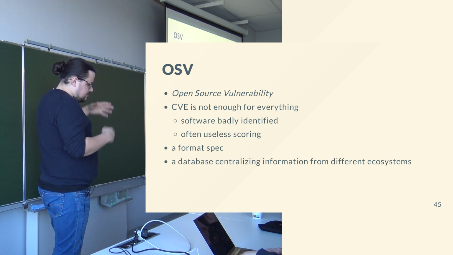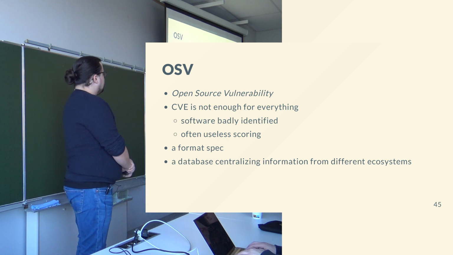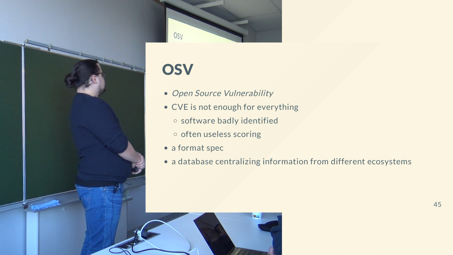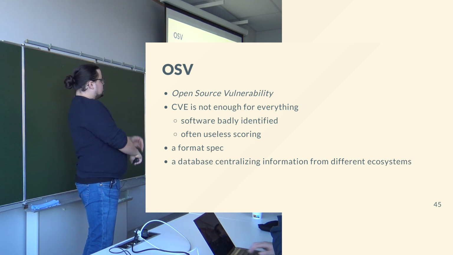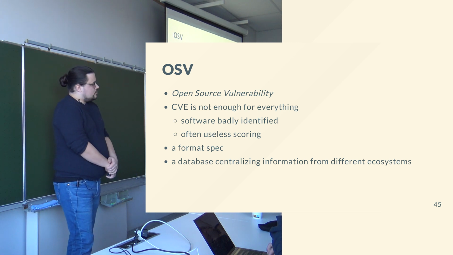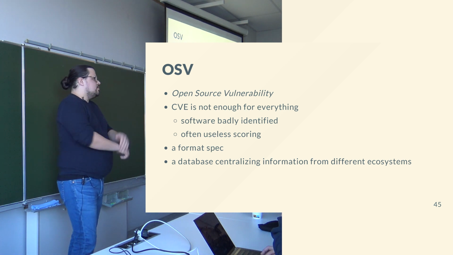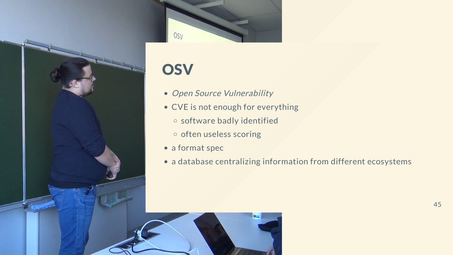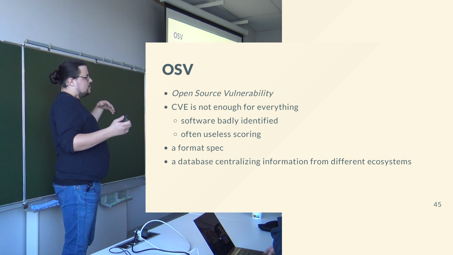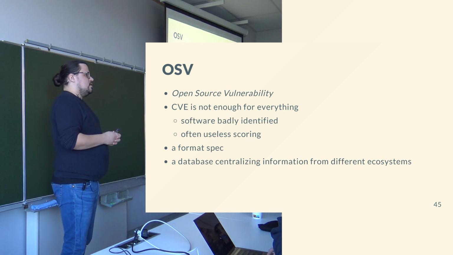So there have been several initiatives in this regard. So I'll talk about one of them, which is OSV, for open source vulnerability. It was originally created by Google. The idea is to provide a format and a database, but the format tries to match the needs of programming languages.